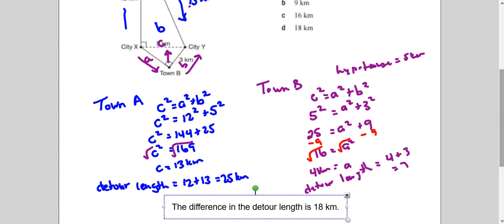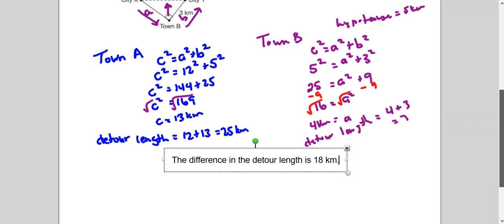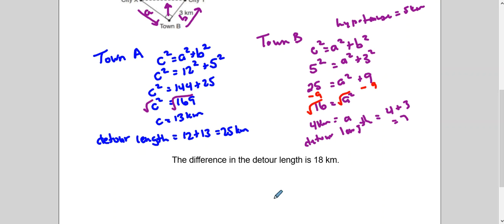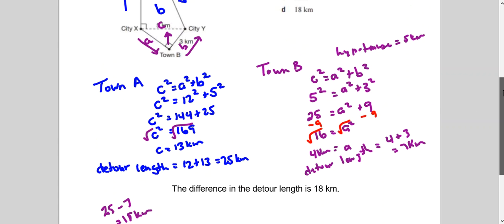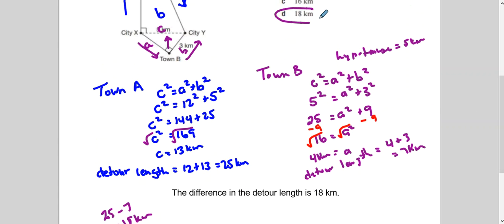Okay. Because the difference is 25 minus the 7 that I had. So there we go. So hopefully that's helped you to understand the learning.